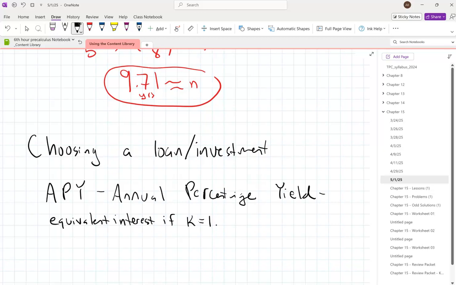So basically it takes, I have this interest rate compounded this many times a year. What is the equivalent interest rate if it was compounded once per year, just annually? That's what an APY is.